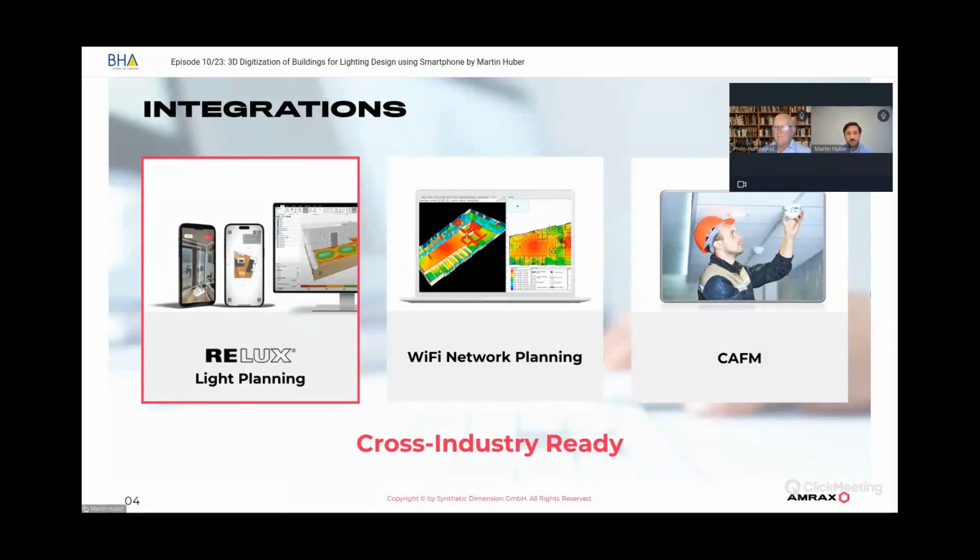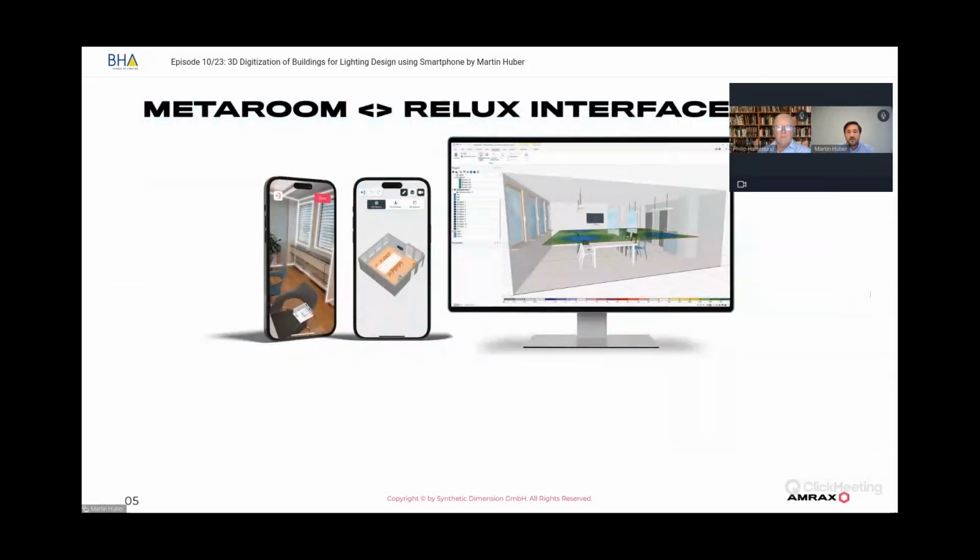So why is it so important that we go deep into such an interface? We met Relux people over a year ago, and we decided to create the so-called Metaroom Relux interface, which is a very powerful data interface.